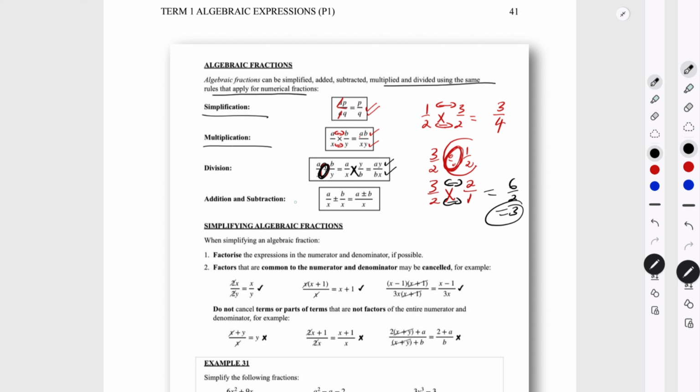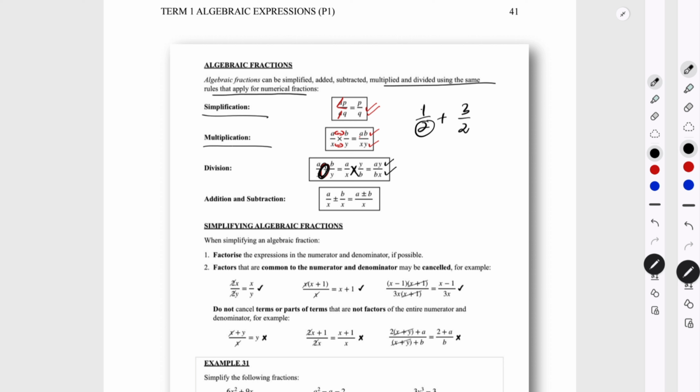Good. Now, when we add, let's also go back to grade 8 or grade 9 when we were adding fractions. 1 over 2 plus 3 over 2. When your denominators are the same, what do you do? You keep the denominator and then you add your numerators. This will be 4 over 2, which is 2.